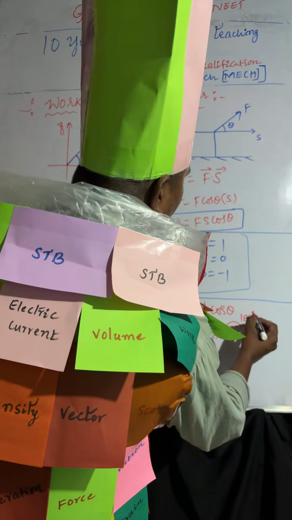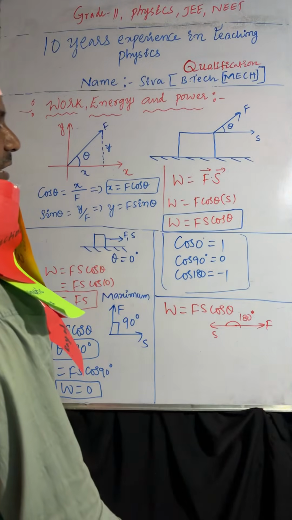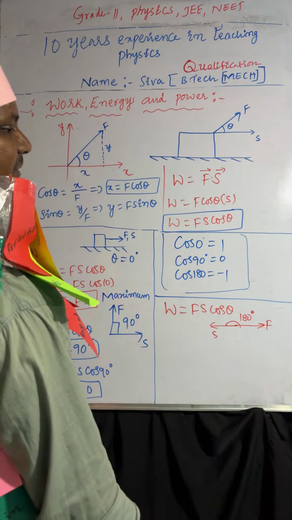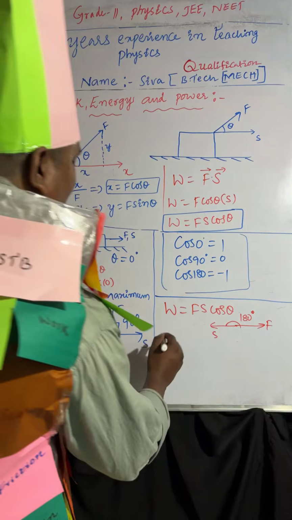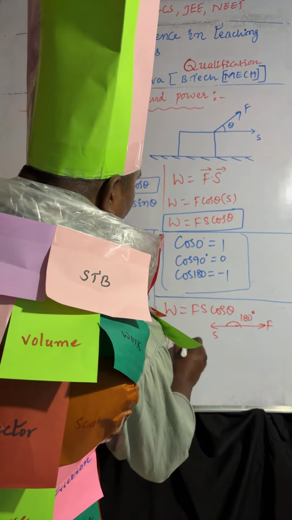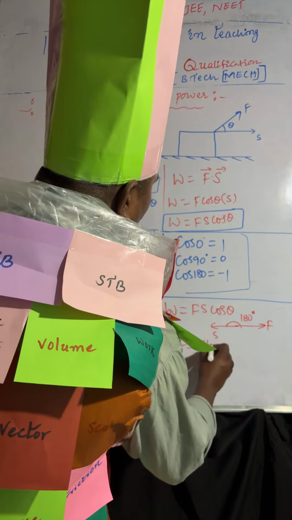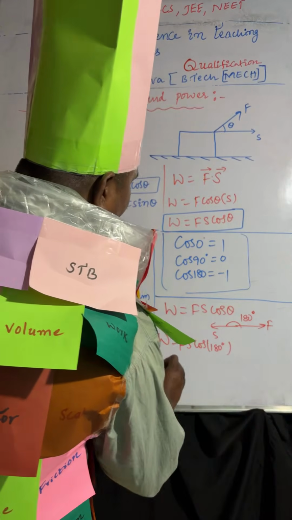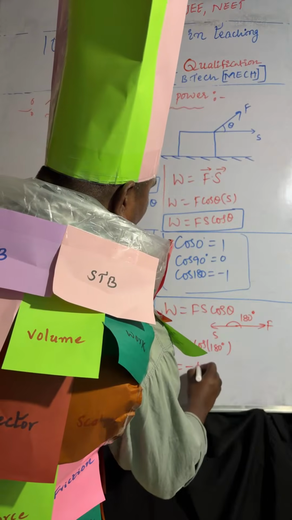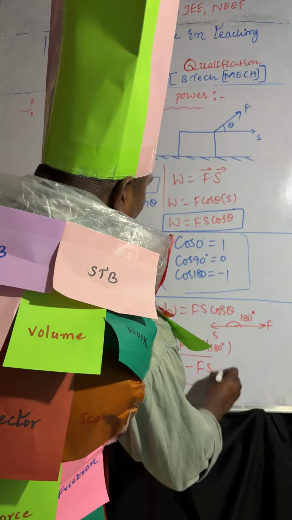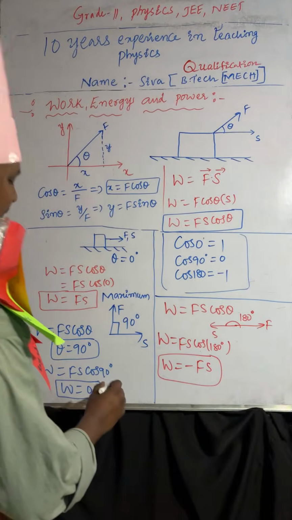At that time W equals Fs cos 180 degrees, that is Fs times minus 1, equal to minus Fs.